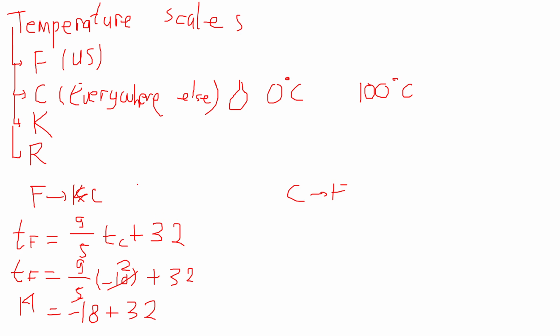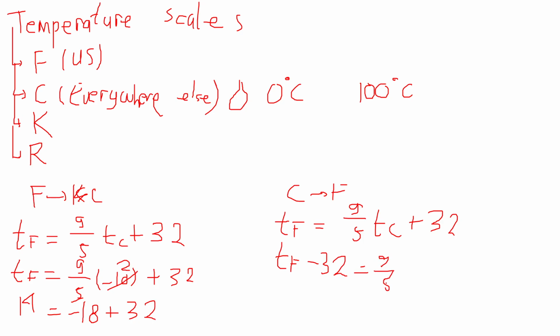You move the 32 over. T_F = 9/5 T_C + 32, and now we solve for T_C. So T_F minus 32 equals 9/5 T_C. So T_C, the heat in Celsius, is equal to 5/9 multiplied by T_F minus 32. See? You only need to memorize one of them.